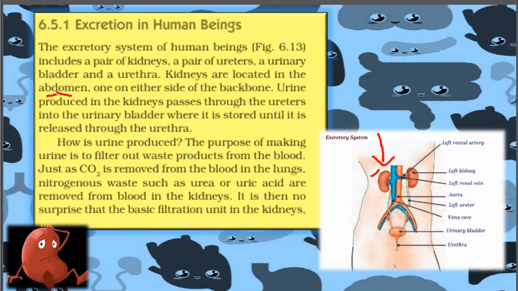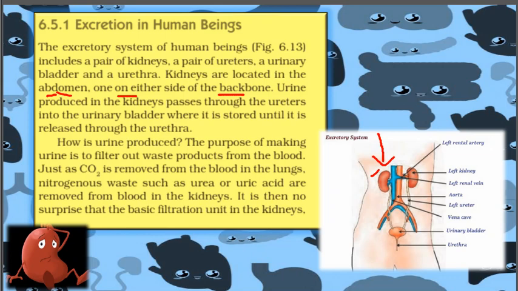A part of your body below the chest, यानी कि छाती से नीचे का भाग. Yes, जिसमें आपका पेट और नीचे का पार्ट होता है. Belly के नीचे का. So that is the abdomen. Clear? So the kidneys are located in the abdomen, one on either side of the backbone.